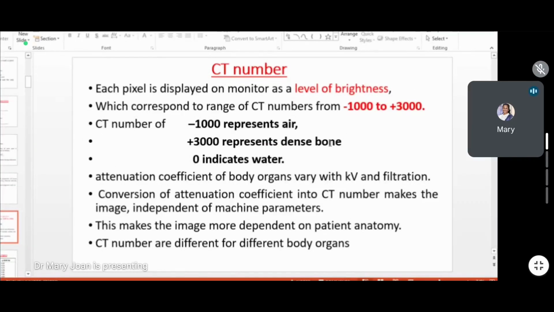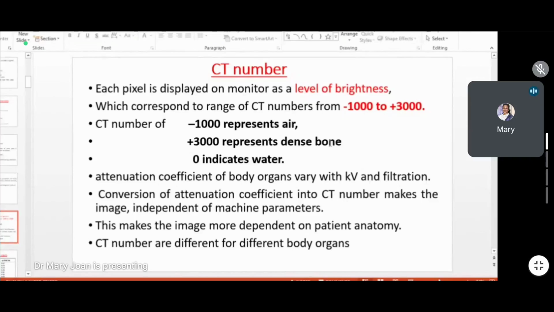Each pixel is displayed on the monitor as a level of brightness, which corresponds to a range of CT numbers from -1000 to +1000. We can adjust this depending on the resolution we require.